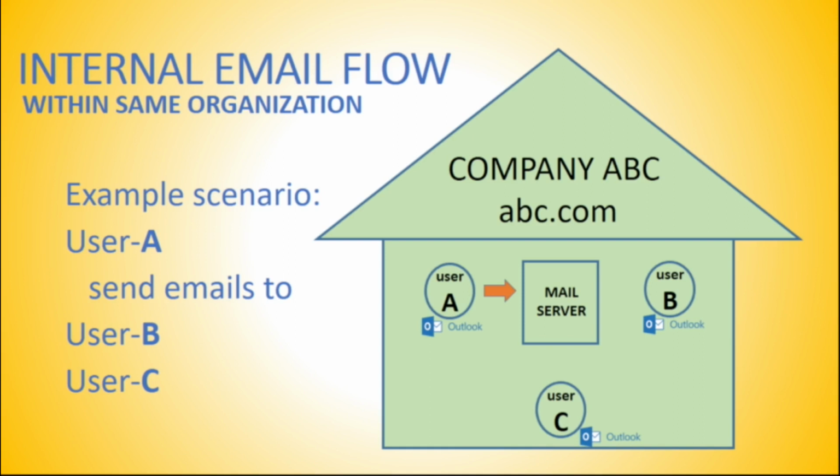The mail server ABC knows user B and user C are internal users and their mailbox location. Then the mail server drops the emails to user B and user C's mailbox directly. In this scenario, the internal email is routed within the network. It does not go outside the organization.